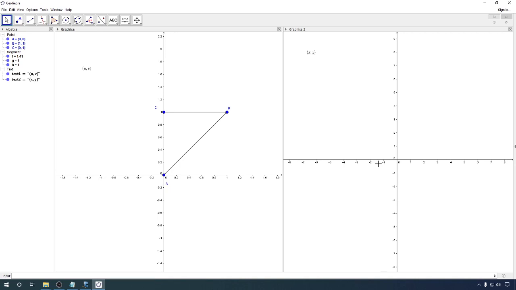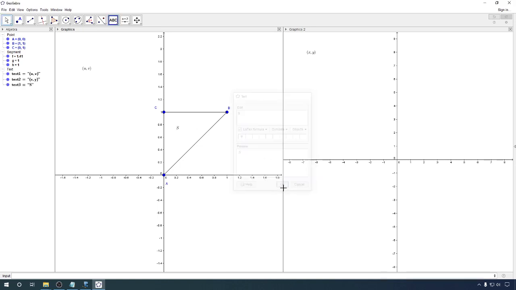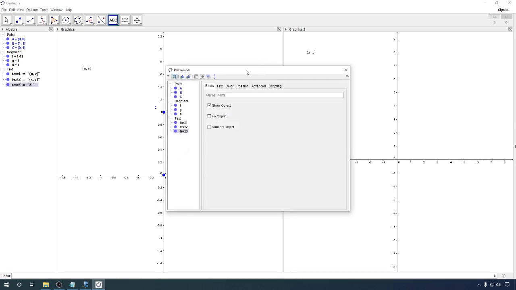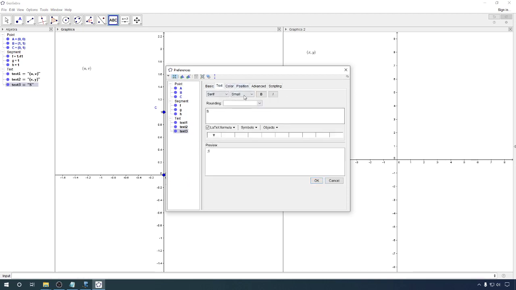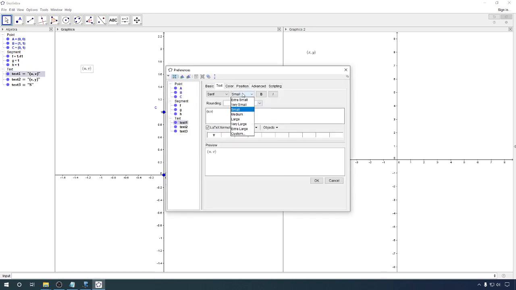So we want to see what happens to this region, this triangular region, which we can even go ahead and label. This was S. So we have region S. Let's make that a little bit bigger so we can see it a little bit better. In fact, I want to make these labels large as well, so they stand out better.